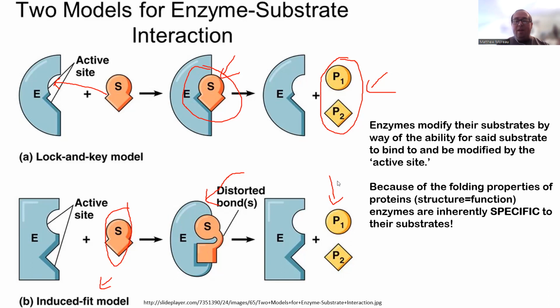Now, induced fit doesn't happen often because, again, substrates are particular to their enzymes, and enzymes are specific to their substrates. However, if you think about it from a global perspective, and this is something we've talked about, right? When you have an enzyme, its shape is solely based on the environment and the sequence of amino acids in the polypeptide chains and how they all fold over the four levels of folding that a protein undergoes.